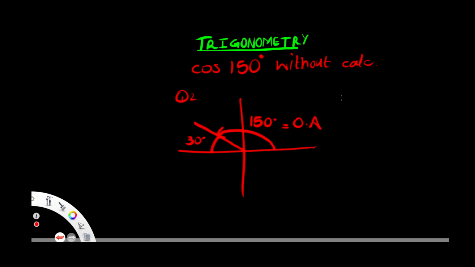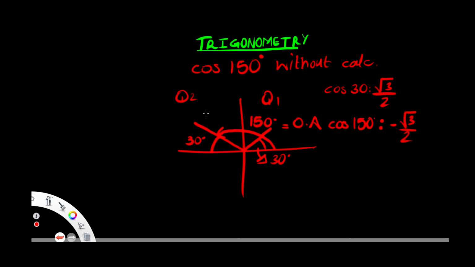So we know that cos 30 equals root 3 upon 2. I calculated this in the calculator, and so cos 30 is root 3 upon 2. Cos 30 means that cos is positive, so it is in this quadrant. Since cos 30 is positive in Q1, where A means all ratios are positive, in the second quadrant cos 150 is negative root 3 upon 2.